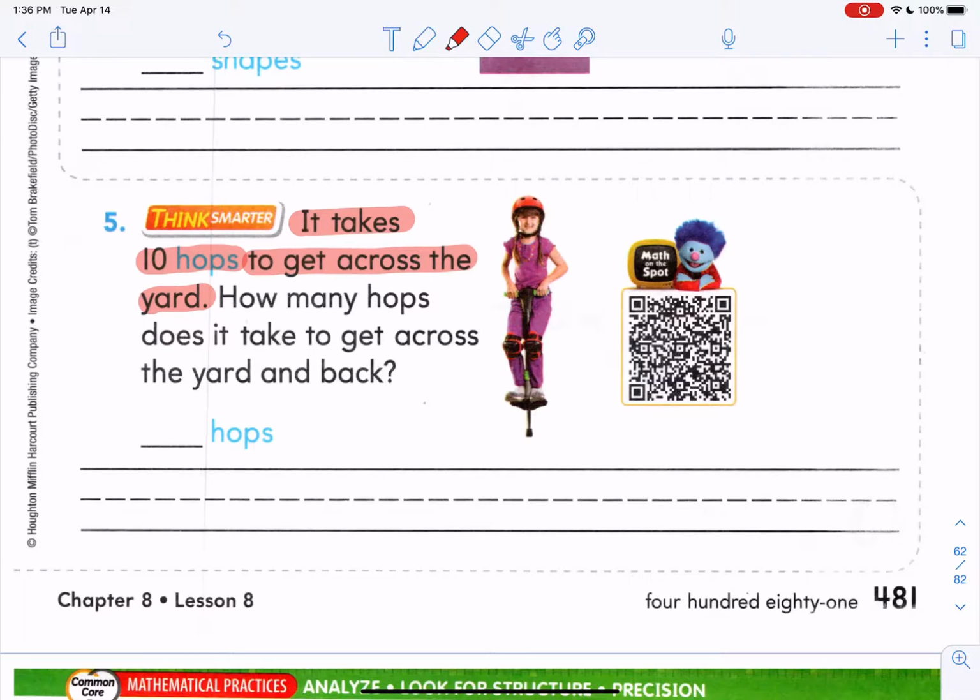She is on a pogo stick and she is hopping. So it takes 10 hops to get across the yard. How many hops does it take to get across the yard and back? That's a little tricky. So I'll send you the link to the Math on the Spot video so you can watch that.